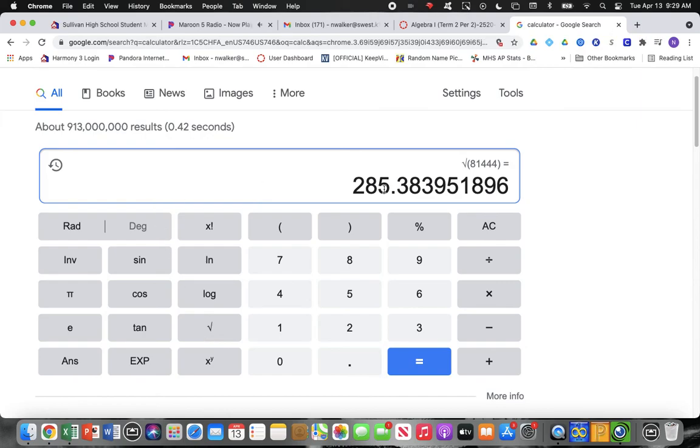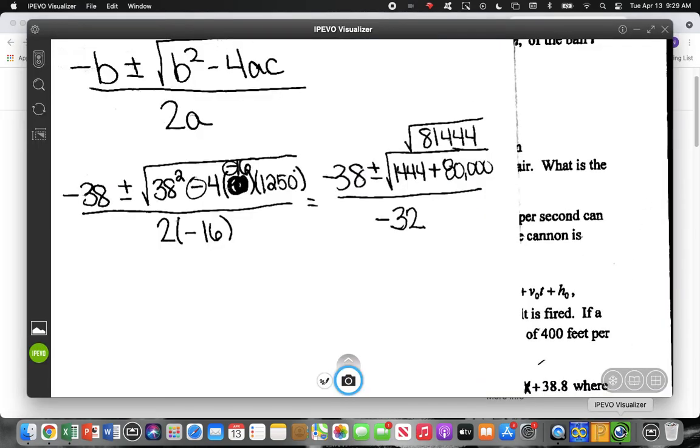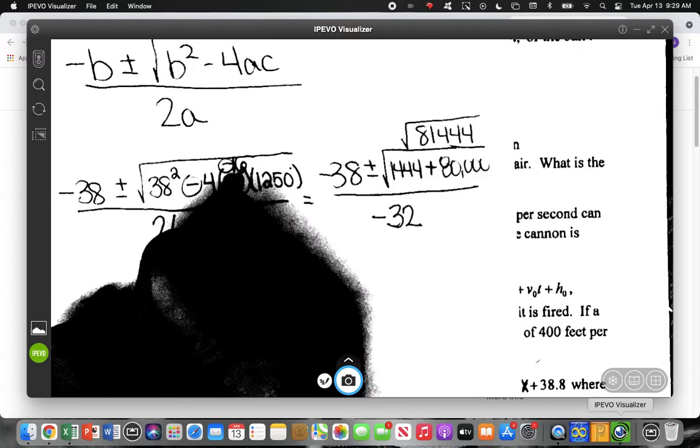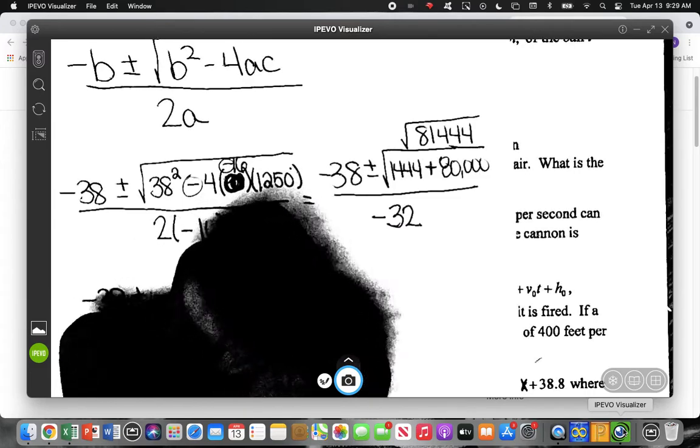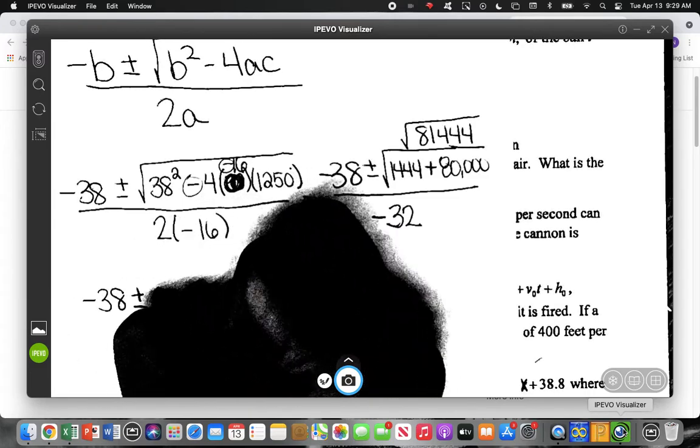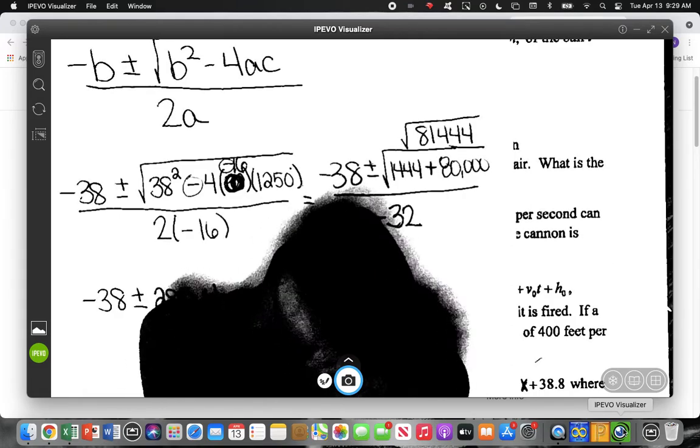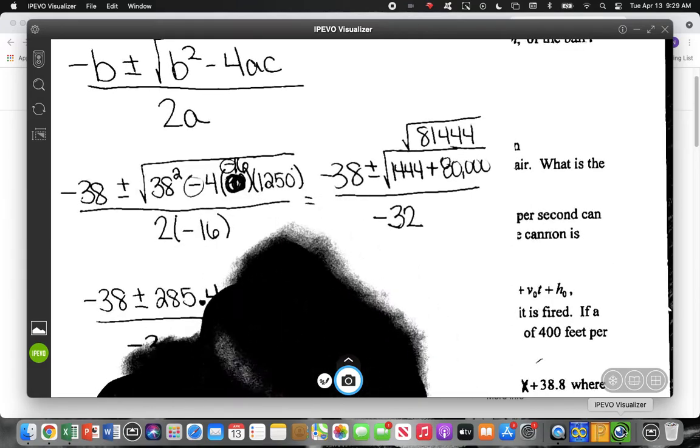So we know 285.3, but the next number, does it stay 0.3 or do we round up to 0.4? All right, let's round that to 285.4. So we are looking at negative 38 plus or minus 285.4 divided by negative 32.